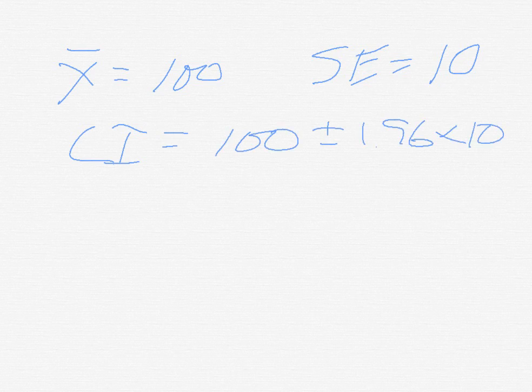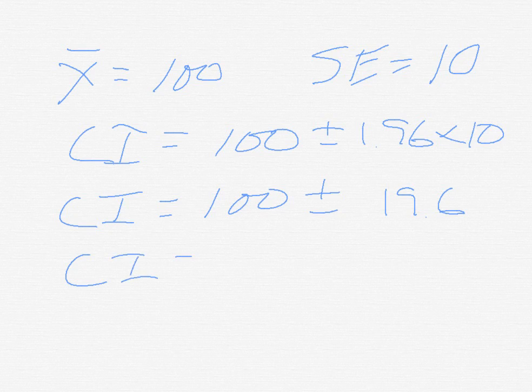So my confidence interval would be 100 plus or minus 19.6, and therefore it would be about 80.4 to 119.6. Now that's just the basic calculation.